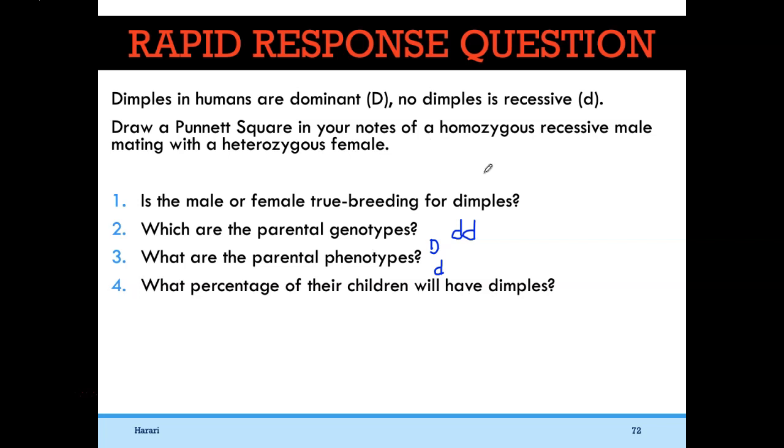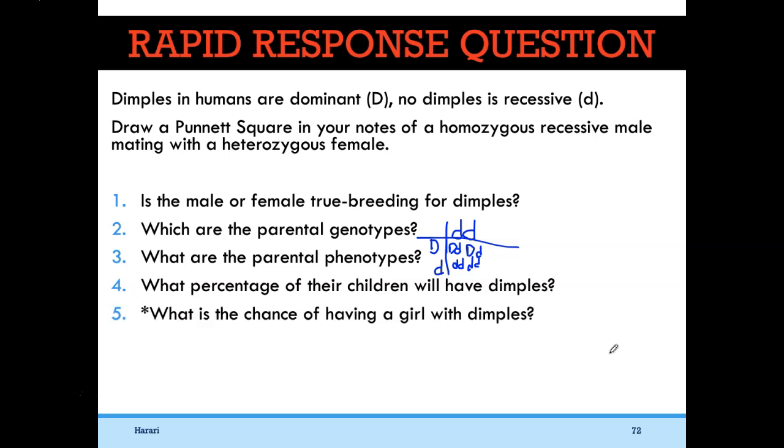So the homozygous recessive male will have no dimples. The mother will have dimples. What percentage of their children will have dimples? So if you did a Punnett square, you would see that half of their children would have dimples and half would not. So 50-50.